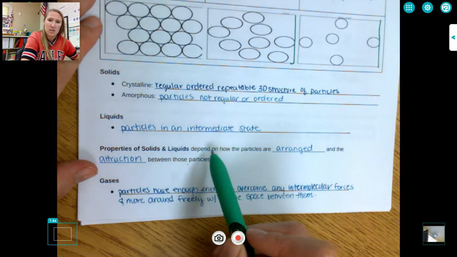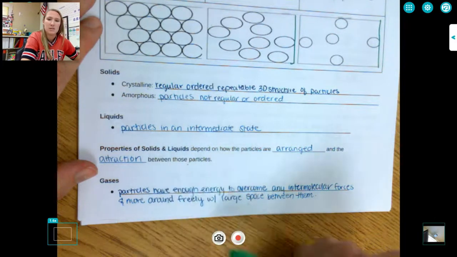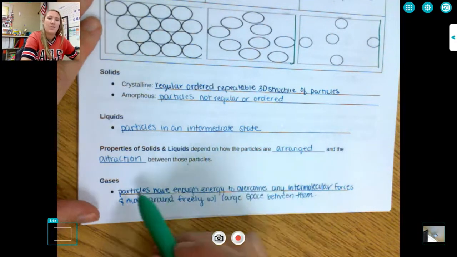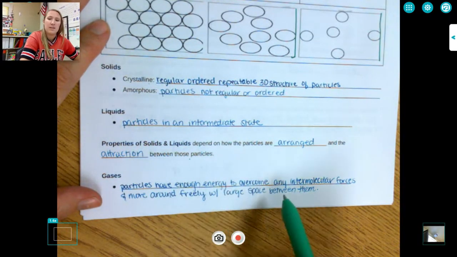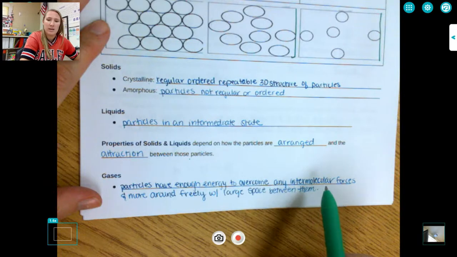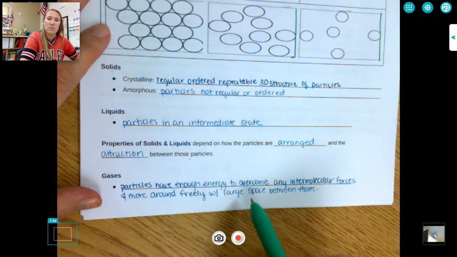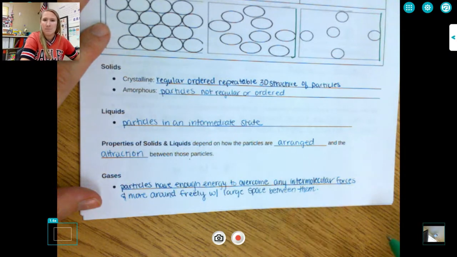Stronger attraction is going to impact our solids and liquid properties. Now, gases, these particles have so much energy that they're going to overcome any sort of intermolecular forces, and they'll move around freely with significant space in between them. And that's where we get into the kinetic molecular theory, and that's when we'll talk about that along with our gas laws later on in this unit.